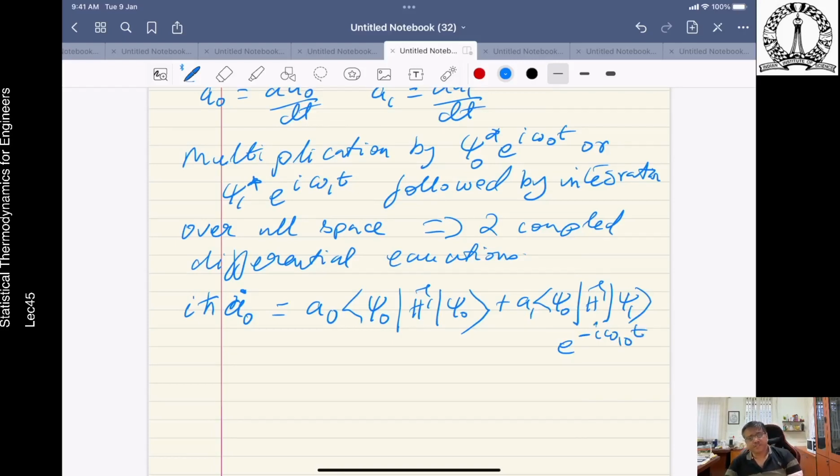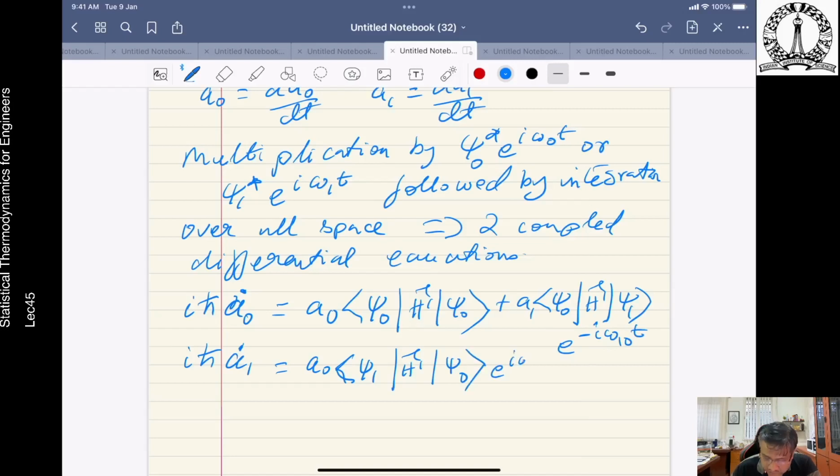Okay, so we will see what those bracketed terms actually mean. Let me write down this first, and then of course iħ ȧ1 is equal to a0 ⟨ψ1|H'|ψ0⟩ e^(iω10 t) plus a1 ⟨ψ1|H'|ψ1⟩.